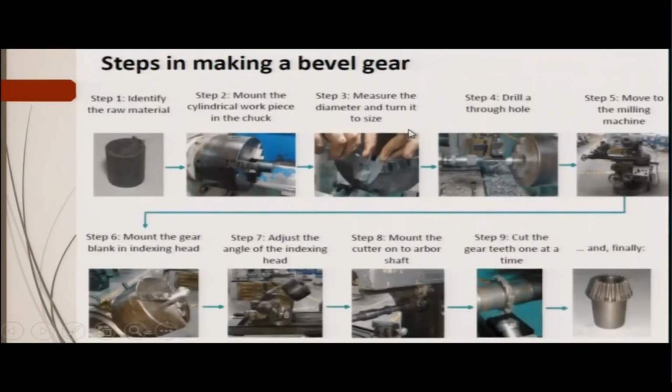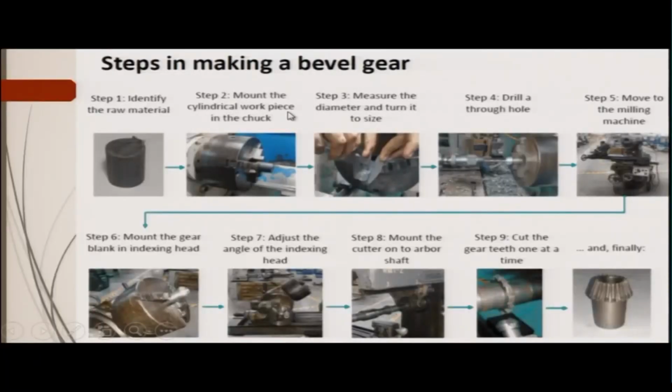Okay. Now, how to make that bevel gear? First step is to identify the raw material. The raw material out of which you are going to make the bevel gear may be a mild steel cylindrical piece, it may be a steel piece or the material that you desire. Okay.